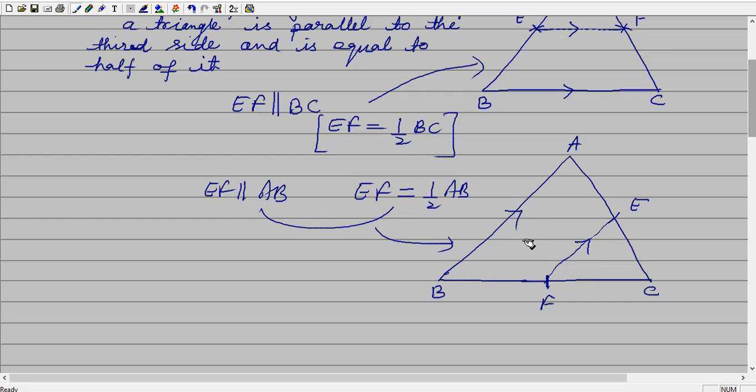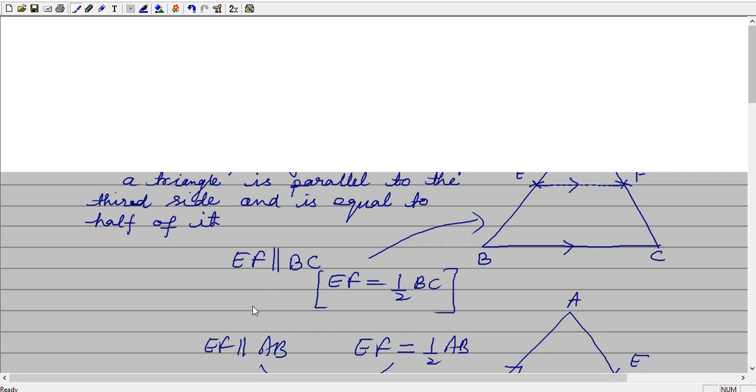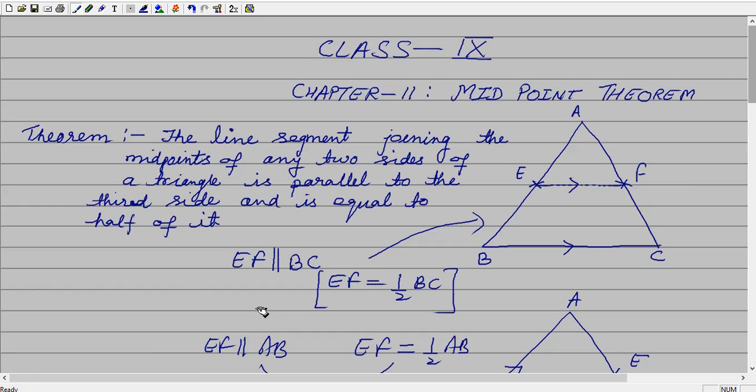And the converse theorem is basically, in the converse theorem, the given condition converts into the proof section, and the proof section converts into the given section.